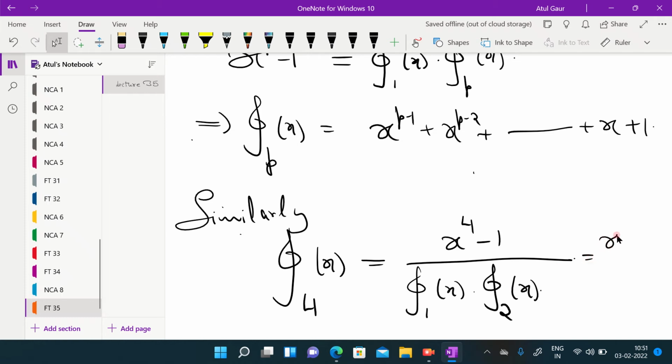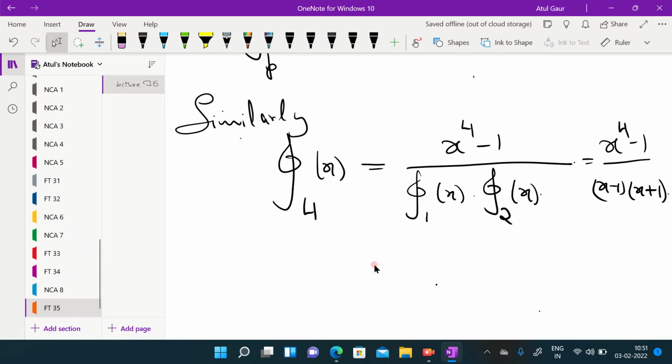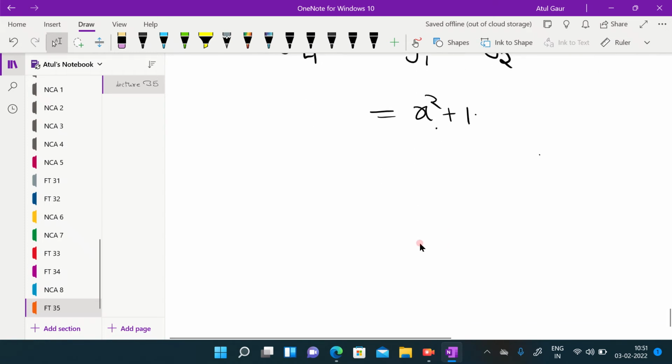So this will be x^4 minus 1 over x minus 1, x plus 1 means x square minus 1. So that means it will give you x square plus 1. And so on. Is that fine? So through this you can compute the nth cyclotomic polynomial successively. Alright.